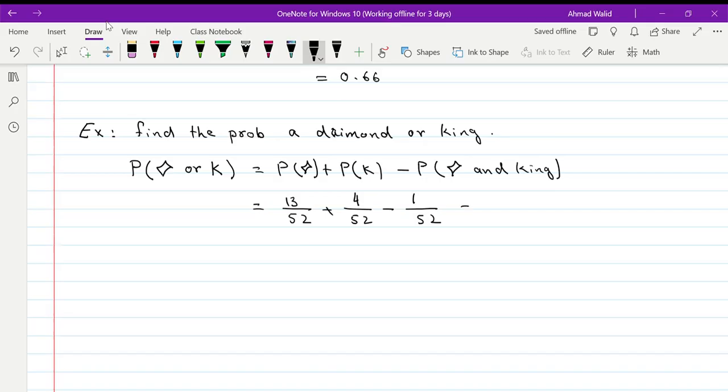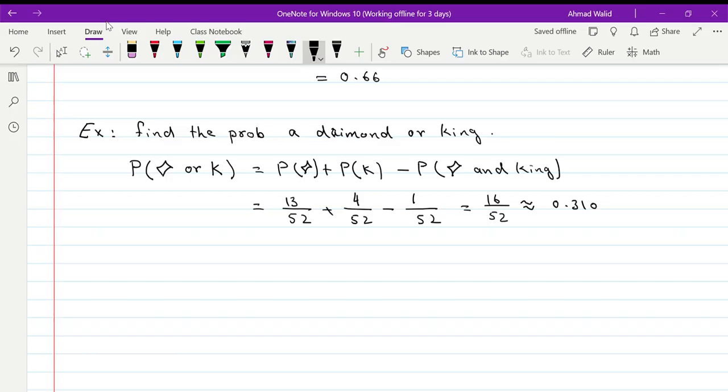And if you simplify this, 13 plus 4 is 17. 17 minus 1 gives you 16 over 52, which is approximately 0.310. Correct?